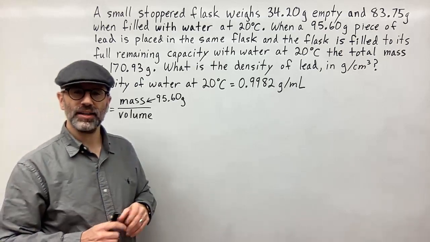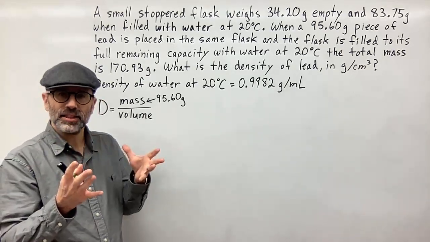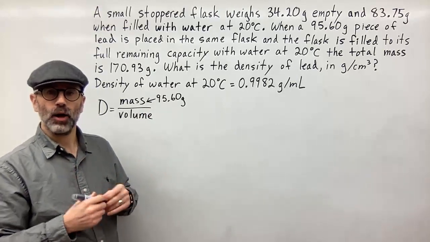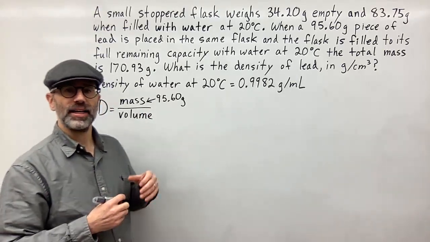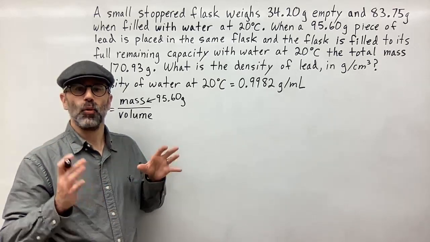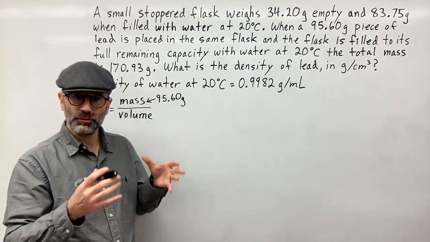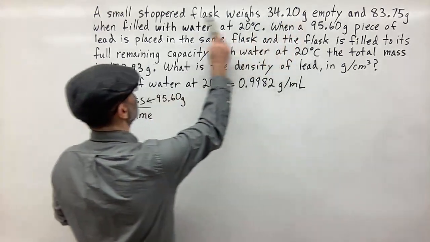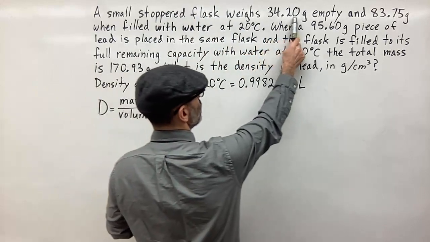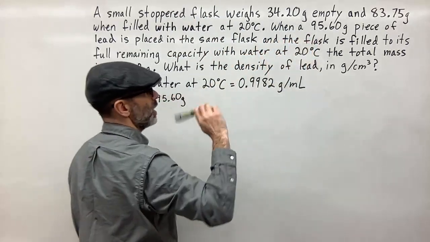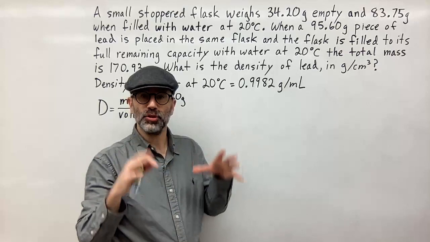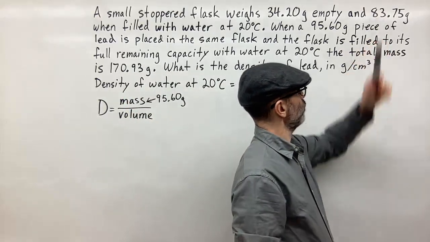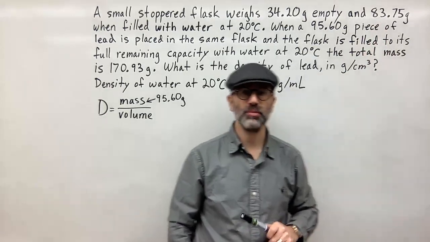So how do we find the volume of the flask when it's empty? What's the total volume of the flask? Well, we can figure that out by figuring out what the volume of the water is that fills up the flask. So here we're told that the flask when it's empty is 34.20 grams, but when we fill up to the brim with water, we get the mass of 83.75 grams.